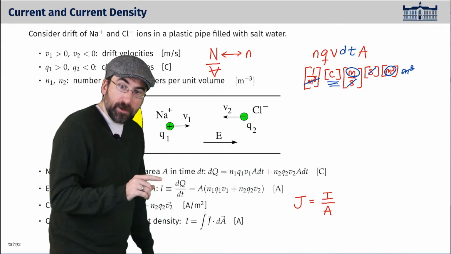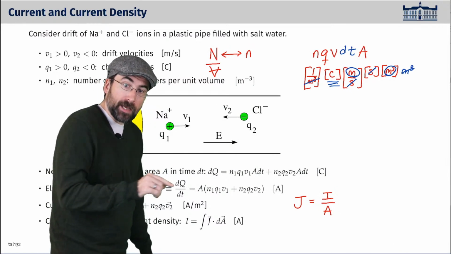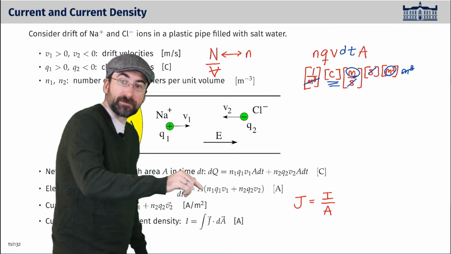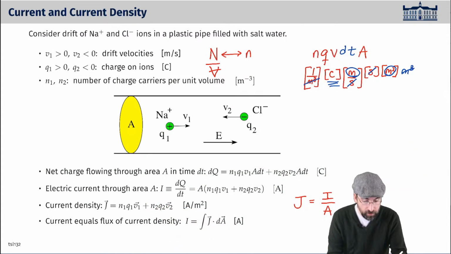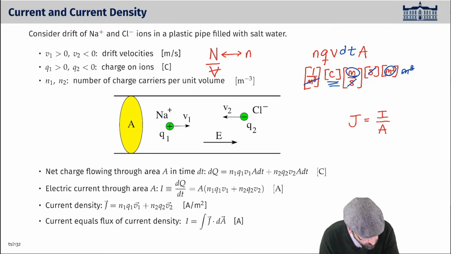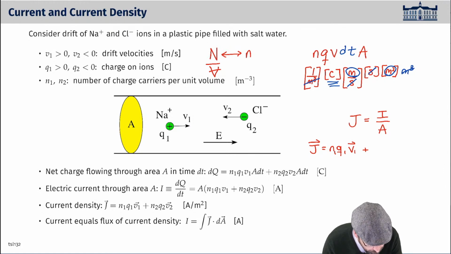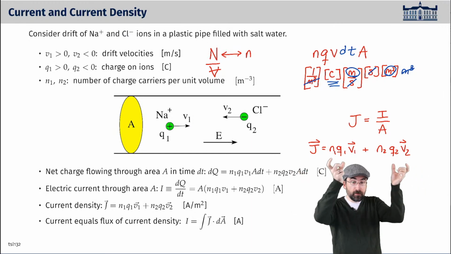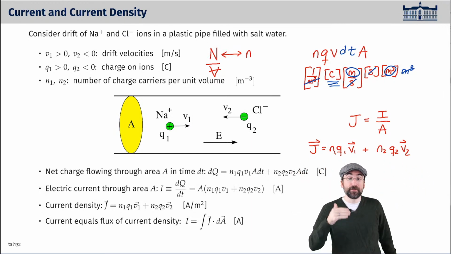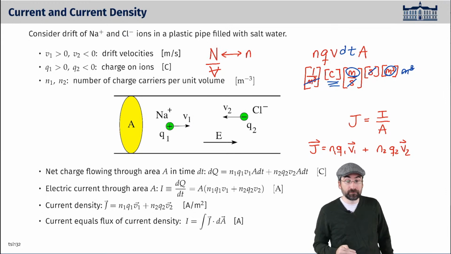Reason two is if we look at this equation closely and we consider all of these terms here, specifically, let's consider the current density down here. You'll note that for this scenario, these two terms, N1, Q1, V1, N2, Q2, V2, note that because these are in a vector equation, this will give us explicitly the direction of the charges.